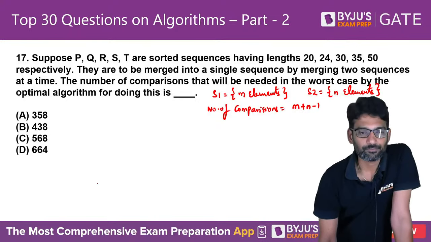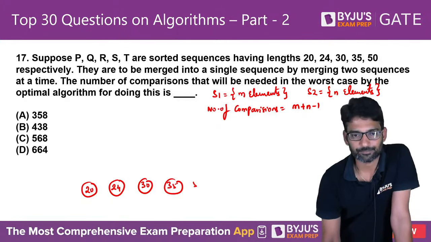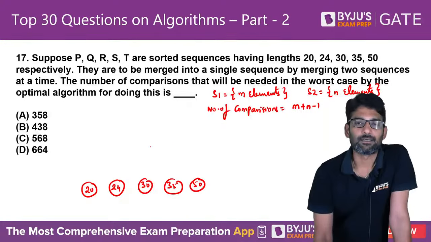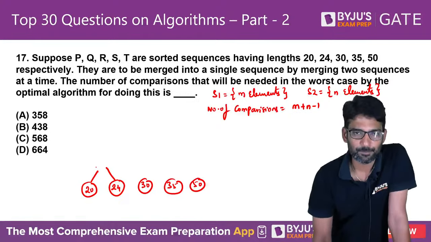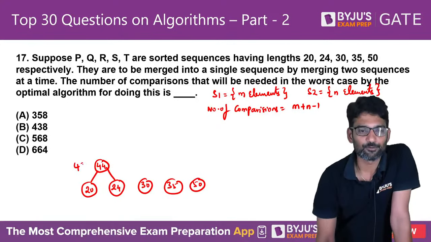So, arrange these in the ascending order, however they are given in the ascending order, 20, 24, 30, 35, 50. Now, optimal merge says that merge the two minimum lists. So, 20, 24 when you merge, you will get 44 elements, but the number of comparisons would be 43.